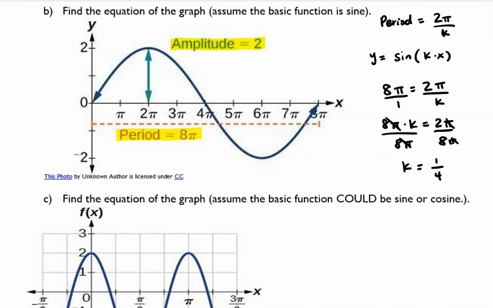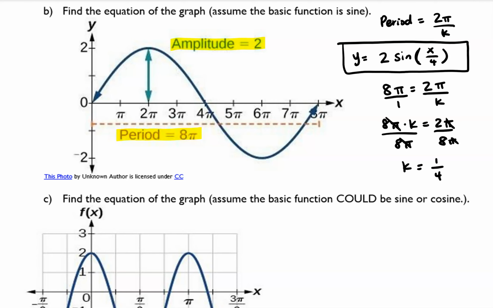So in this equation where I had kx, I could have 1/4 times x, but we also need to utilize the fact that the amplitude is equal to 2, and that tells us that the number that we would multiply outside of the sine function is going to be 2. So that is the final answer for part B. y equals 2 times sine of 1/4 times x. And if you wanted to condense that a little bit, you can also write that as x over 4 like that. And that is our final answer for part B.